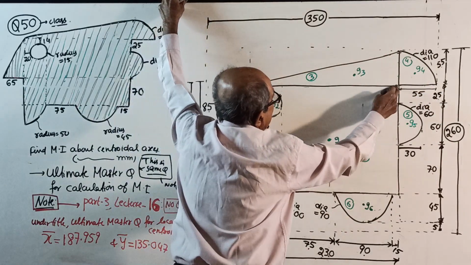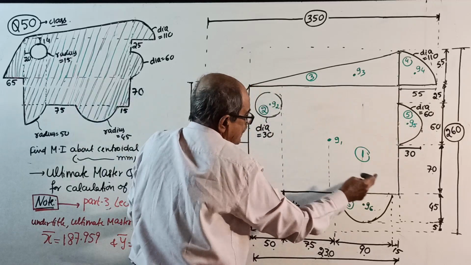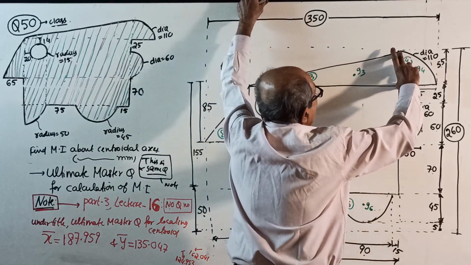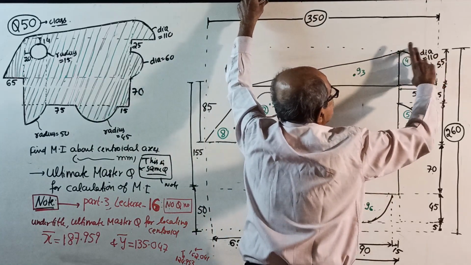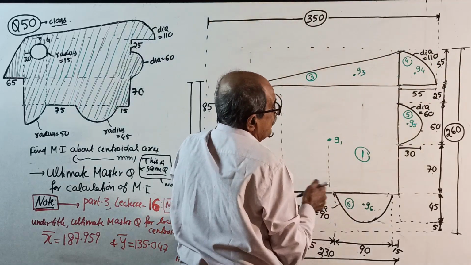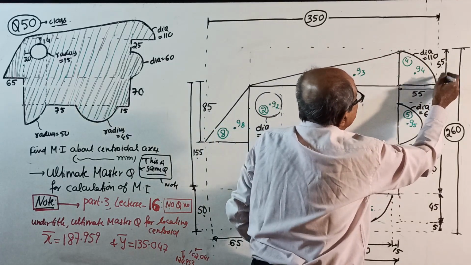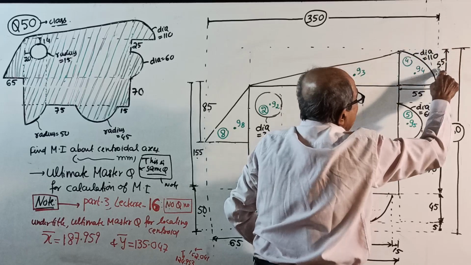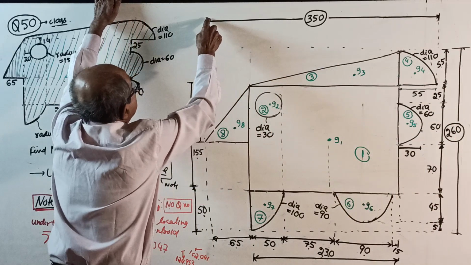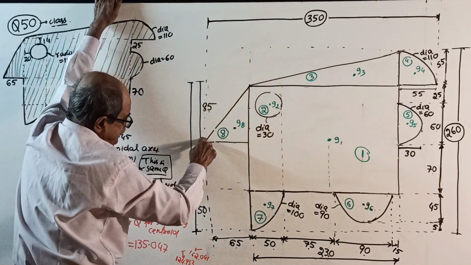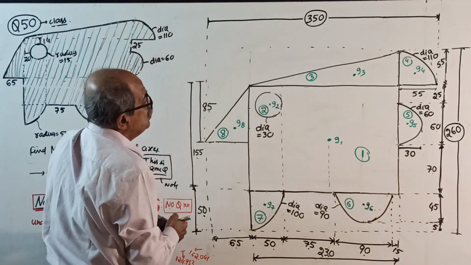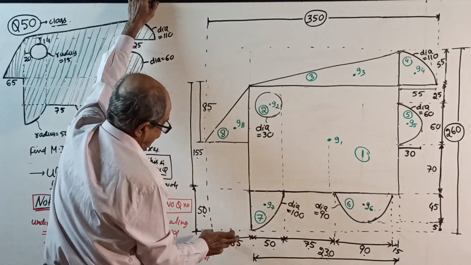Now, this triangle base is nothing but this rectangle base, 230. The height of this triangle is nothing but this radius only, 55. So the triangle dimensions are cleared. Now from the extreme right end to the extreme left end, nothing should be further this side. The total length I want will be equal to, see here, 65.